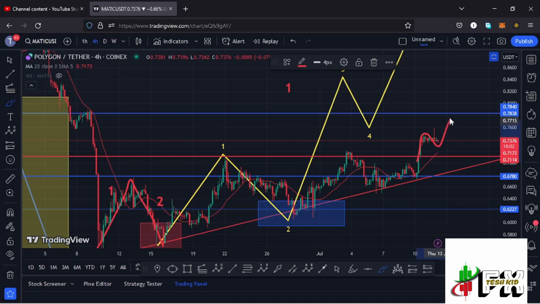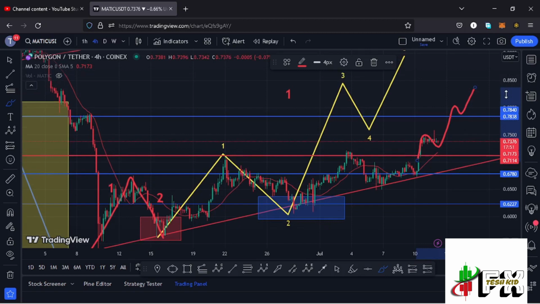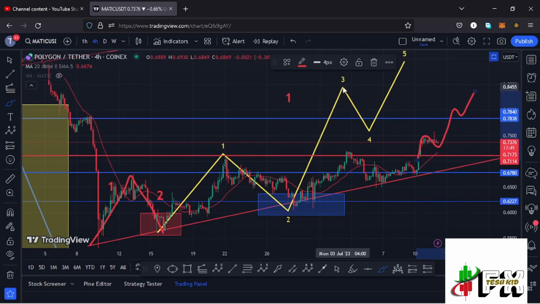And the moment we manage to break above that, we can watch out for a successful retest before we can continue gearing up and fully maximize minimum target areas in the formation of that wave 3 at around the $0.8455 mark. And that is what I'm keeping my eyes on here on the Matic chart on the short-term point of view. And once you have a high in place for that wave 3, then we can expect a bit of a pullback in a wave 4, then continue gearing up in the formation of that wave 5.